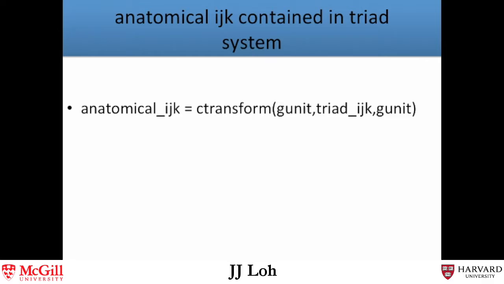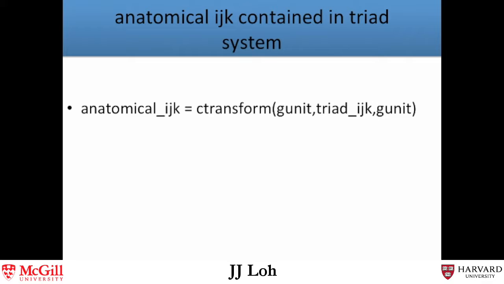The anatomical ijk vectors within the triad system equal C-transform from the [1 0 0; 0 1 0; 0 0 1] ijk vectors. Now, why do we use that? Well, because at this point during the calibration trial, the global system is exactly equal to the anatomical system in terms of orientation.